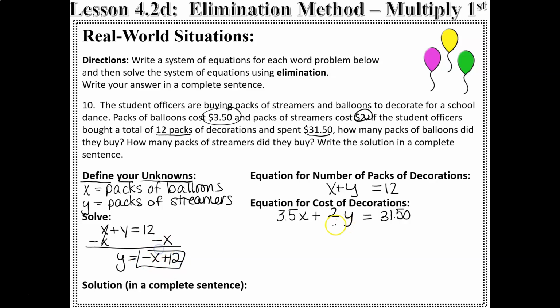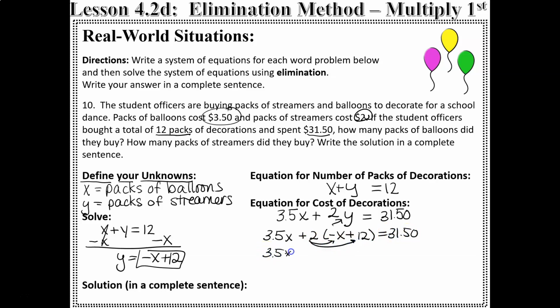Now I'm going to put that in here where y is. So I have 3.5x plus 2 times negative x plus 12 equals 31.50. I'm going to distribute there to both terms. Don't forget the second one.